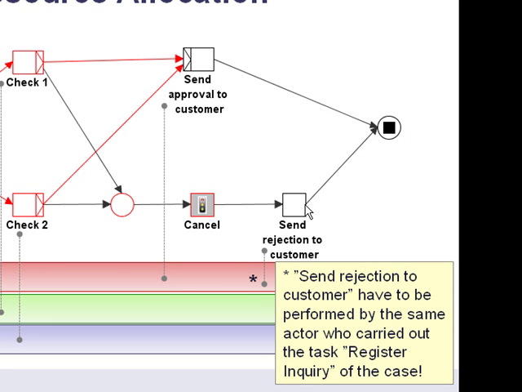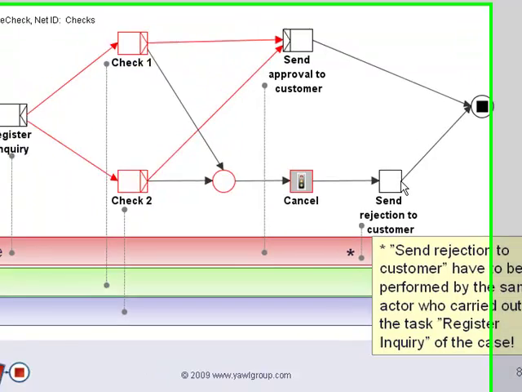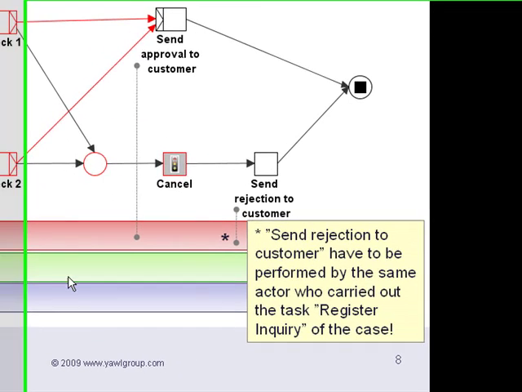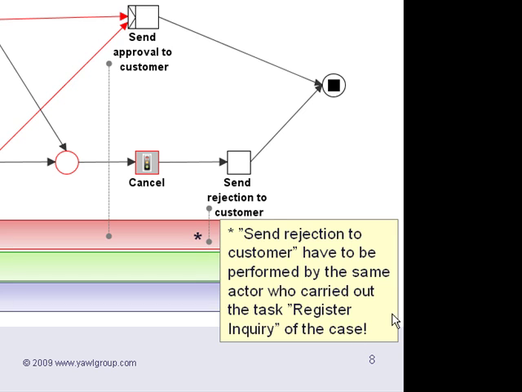Note that the notation used here is actually not part of the YAWL notation. It is a very simplistic, swim lane similar notation, and it can only express very simple rules. Rules like the one we have here, that send rejection has to be performed by the same actor who carried out the task register inquiry, cannot really be expressed in this notation.